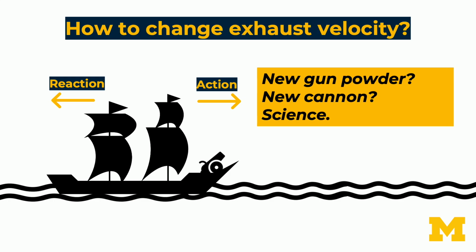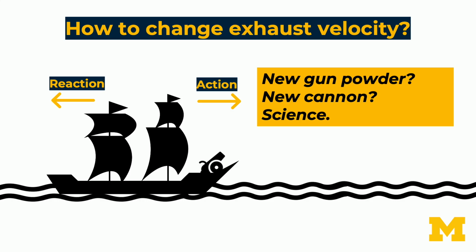But to change the exhaust velocity, say you have a cannonball that's a given size, how could you shoot that off with more velocity? Well, you'd have to develop something like a new gunpowder to do that, or you'd have to develop some sort of new cannon that could take more gunpowder. You'd have to develop some sort of new thing, and that is science.